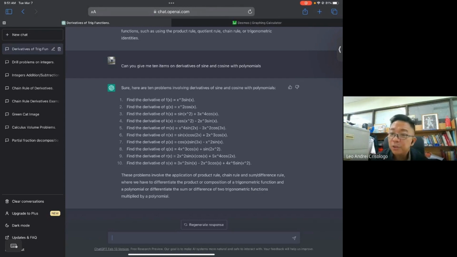So, if you're looking for practice exercises, tapos nagawa niyo na lahat na nasa libro niyo, okay naman siya to give us some.